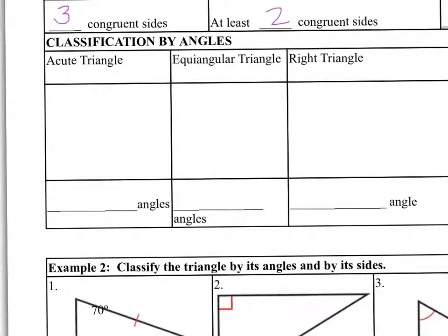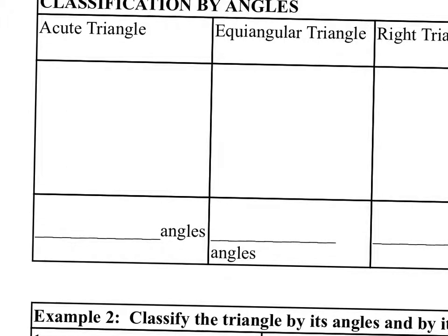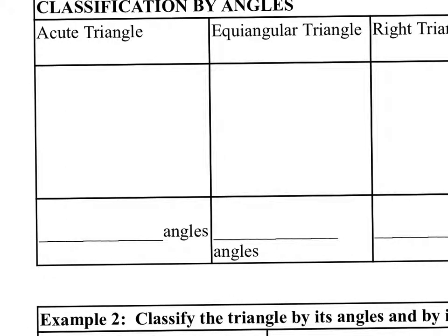We can also classify a triangle based on its angles. An acute triangle: all angles are less than 90 degrees each.